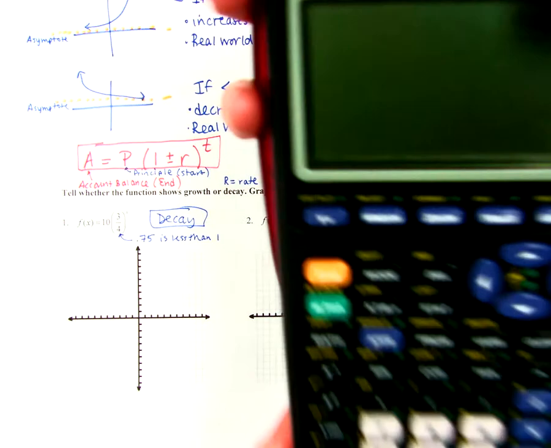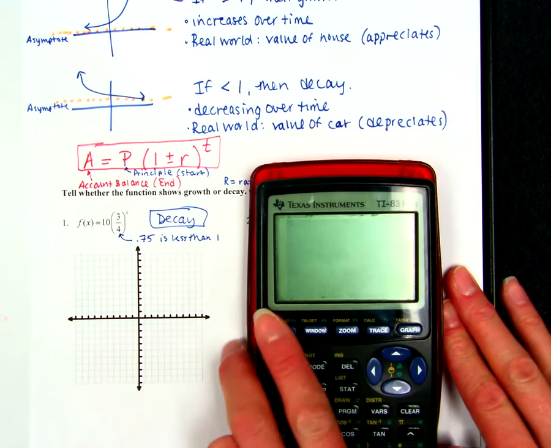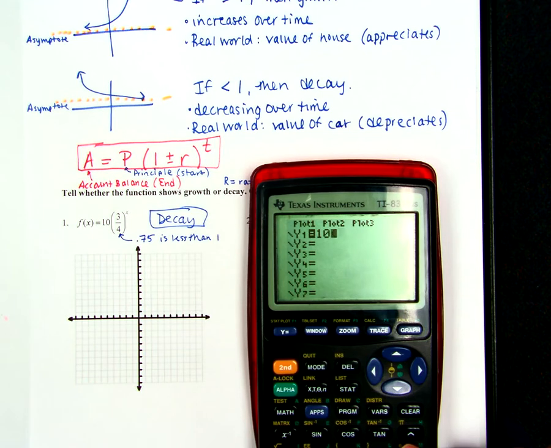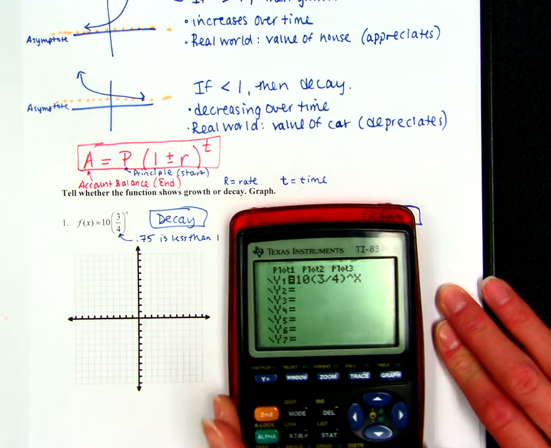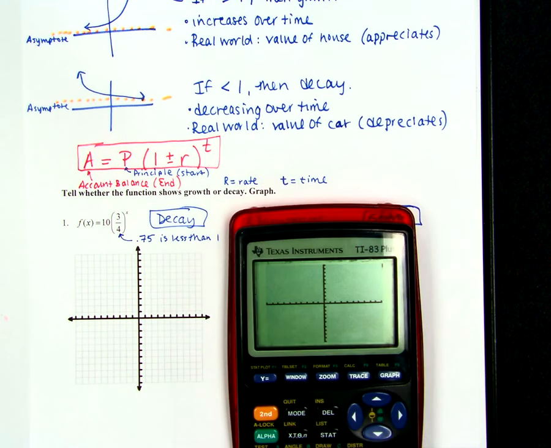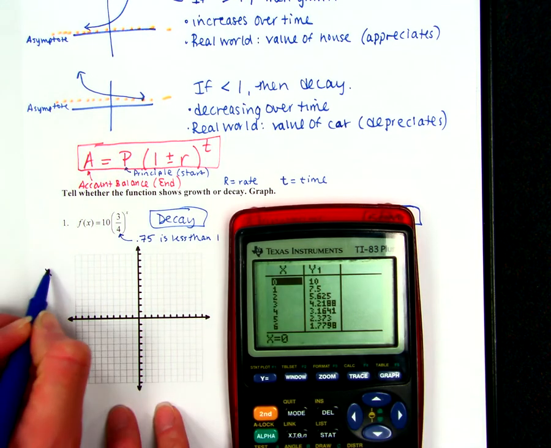For number 1, you're just going to type in the equation. Go to y equals and type in 10 times 3/4 raised to the x power. Then we graph it, and we need to plot a few points so that it replicates on our graph paper. So you go to your table and make a table of values.